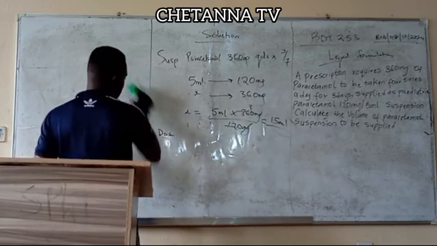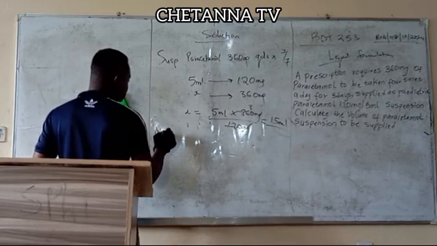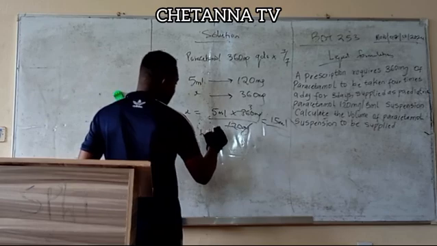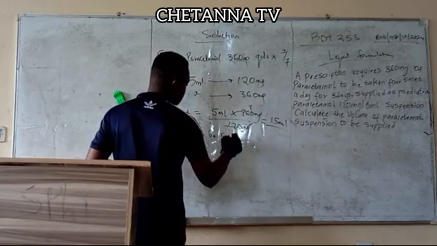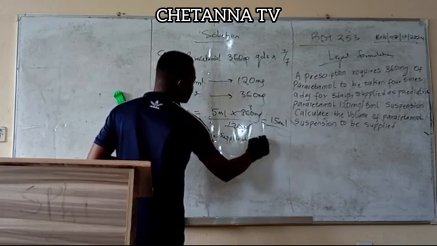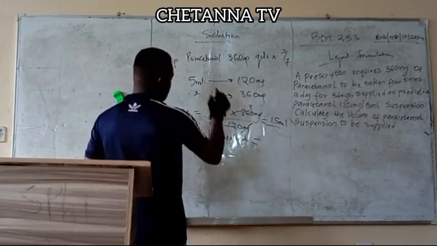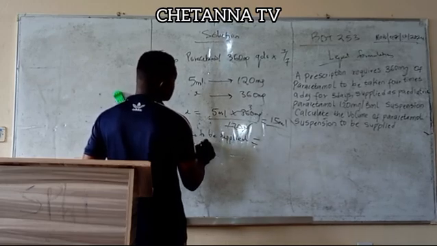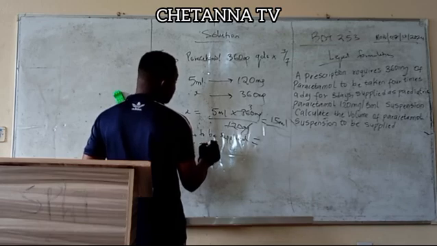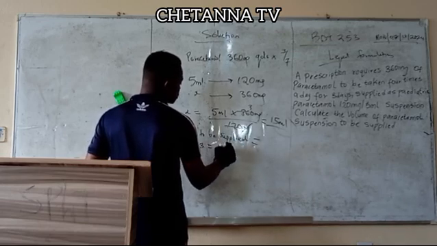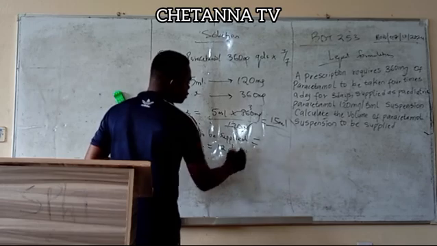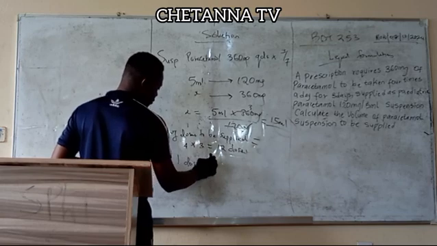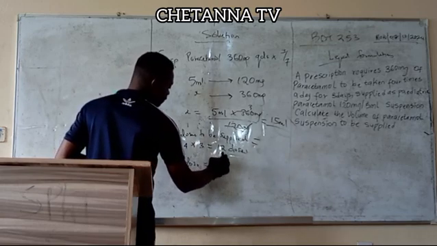So number of doses to be supplied is equal to 4 times 3. Am I computing? Which is equal to 12 doses. But one dose is how many mil? 15 mil.